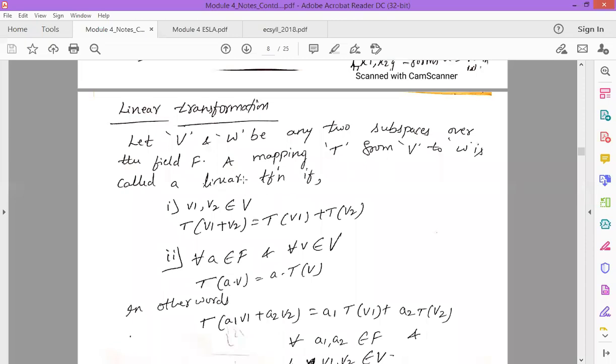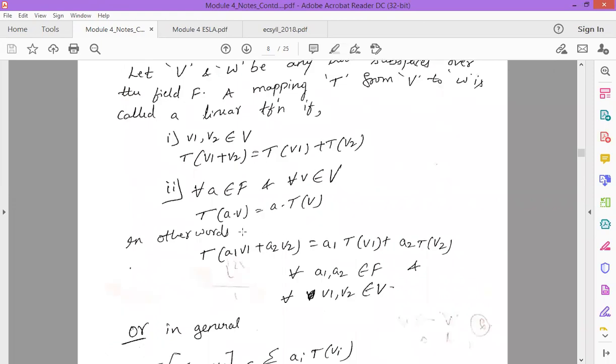It is called a linear transformation if, first, V1 and V2 belong to vector space V and the transformation of V1 plus V2 is equal to transformation of V1 plus transformation of V2. That is the linearity property.